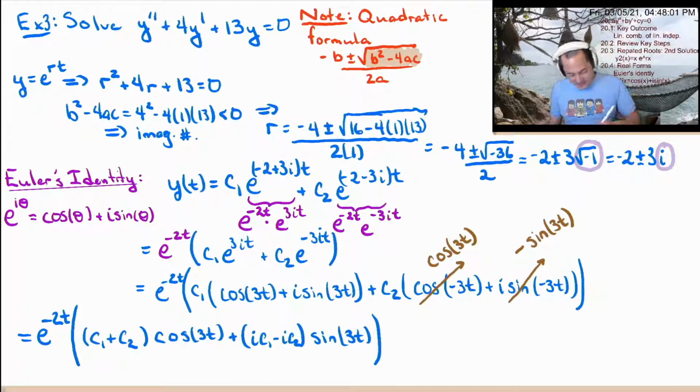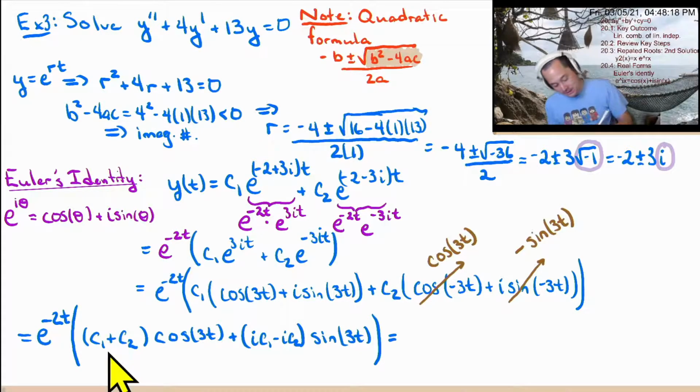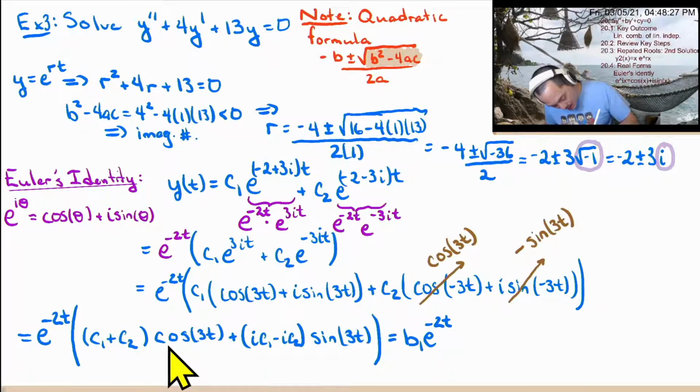And now here's the end game. I didn't know what C1 and C2 were anyhow. They were constants, but there were some constants. So now I add those two constants together. I'm just going to call that B1. So I have B1 times e to the negative 2t, because that was out in front of everything, times cosine 3t.